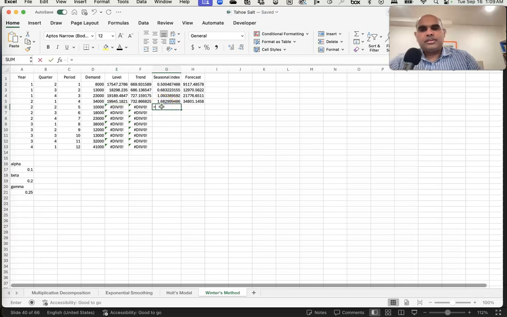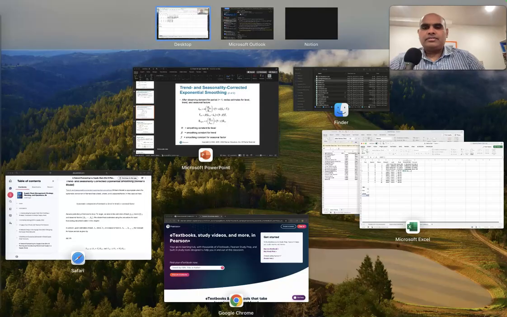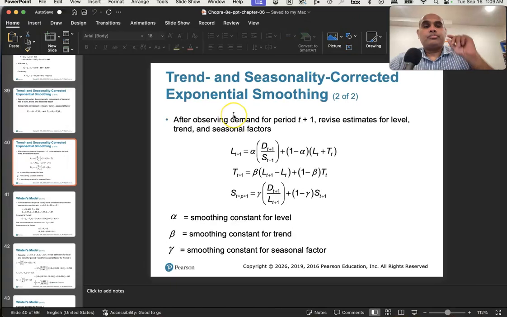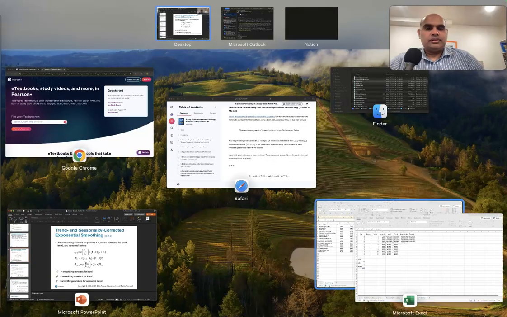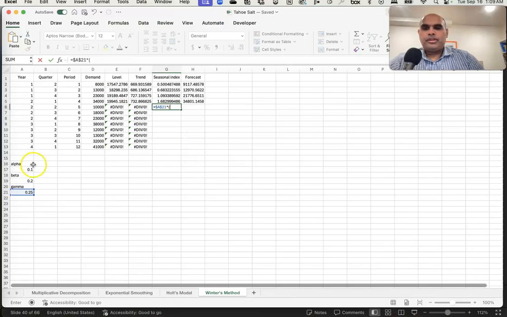When you do seasonal index, you'll notice that we will use gamma, right? You'll notice that to calculate the seasonal index, you always take the data from the previous occurrence of the same season. So you do demand divided by the level, times gamma, plus 1 minus gamma times the previous seasonal index, right?